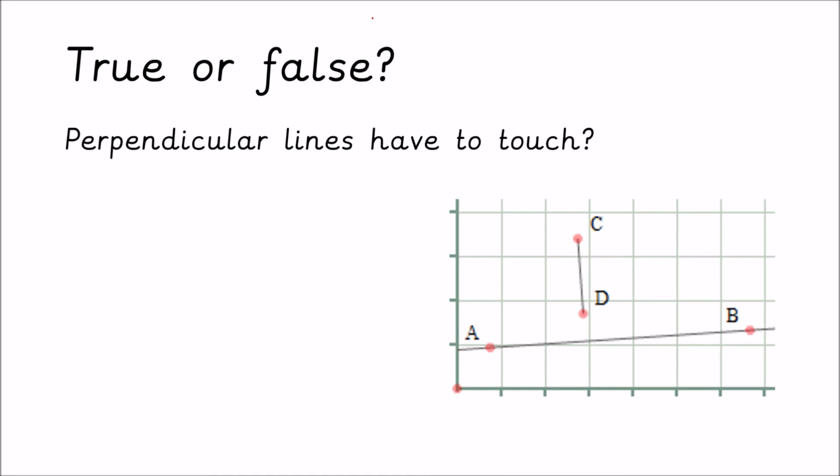This is a true or false question. I don't know why there's a question mark at the end of it. Let's just get rid of that. Perpendicular lines have to touch. Is this true or false? Pause it, have a think, write down what you think, and when you're ready, resume the video.